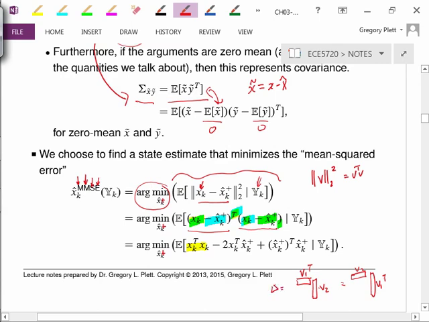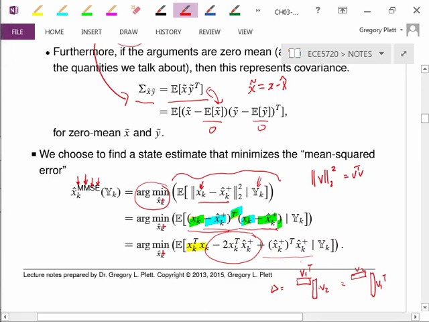It's a one-by-one thing, and the transpose of a scalar is itself. So I can write it either way, and when I take both of them, I switch how I write one of them and combine the two together to get that term there. And then finally, it's minus x hat transpose times negative x hat, which is positive x hat transpose x hat. That's what I'm trying to minimize.